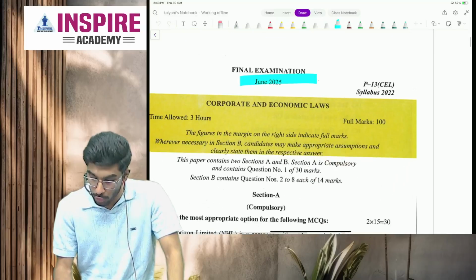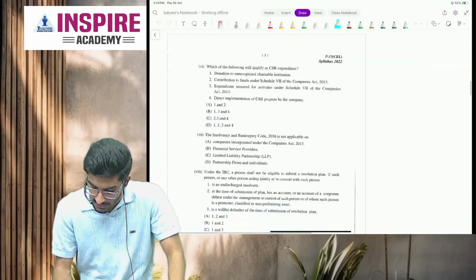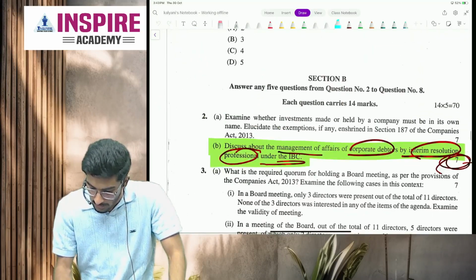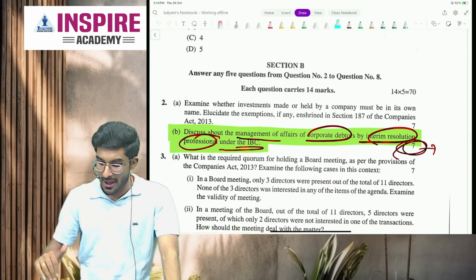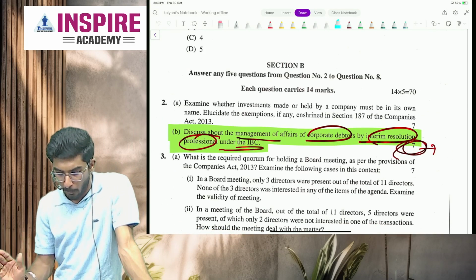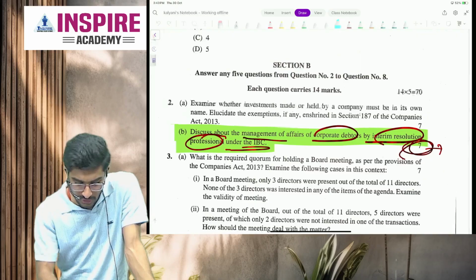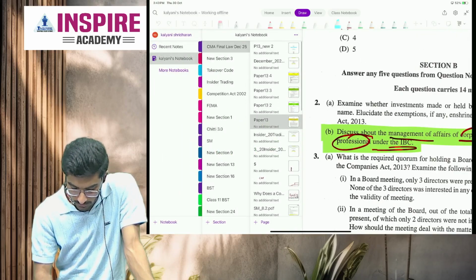This is June 25, last attempt paper. Discuss about the management of affairs of the corporate debtor by interim resolution professional. Okay.